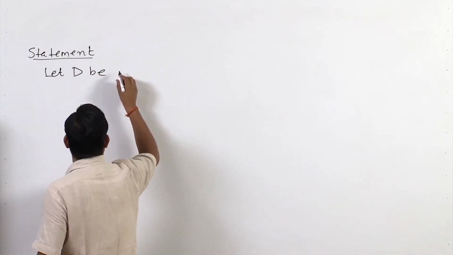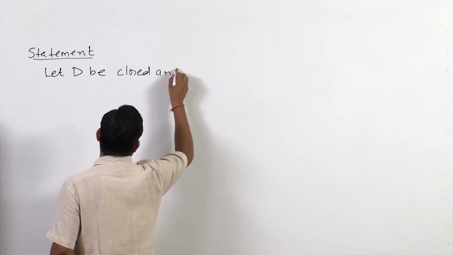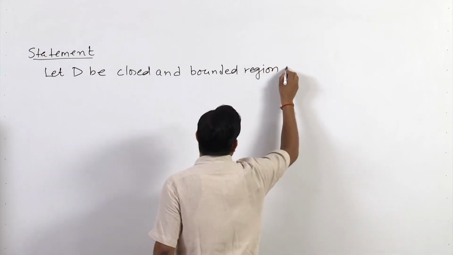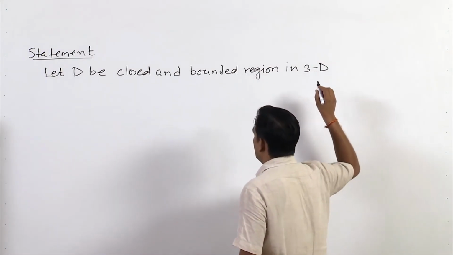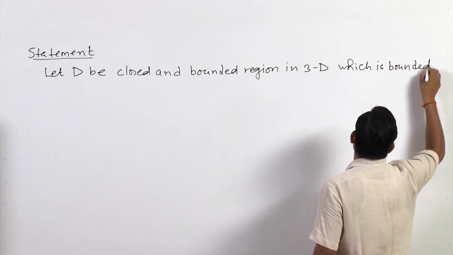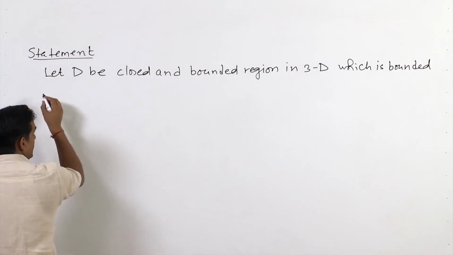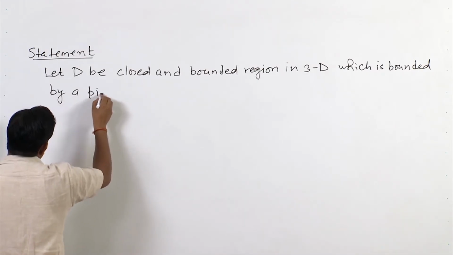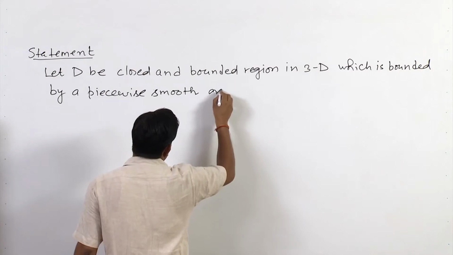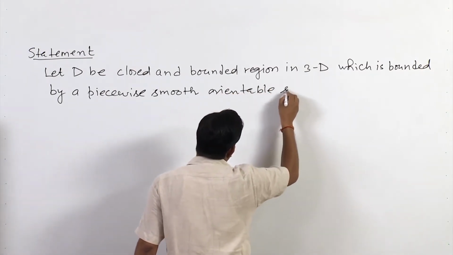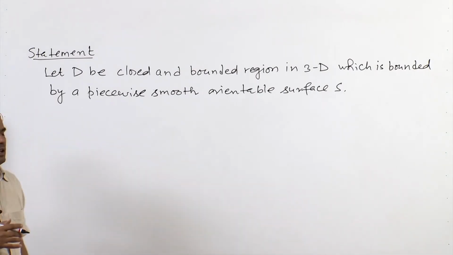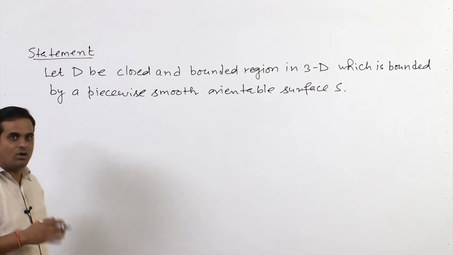So, let D be a closed and bounded region in 3D which is bounded by a piecewise smooth orientable surface S. So, here S is the boundary of the region D, and as you can note down, the region D is closed as well as bounded.